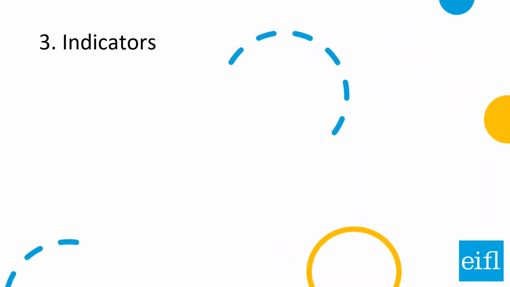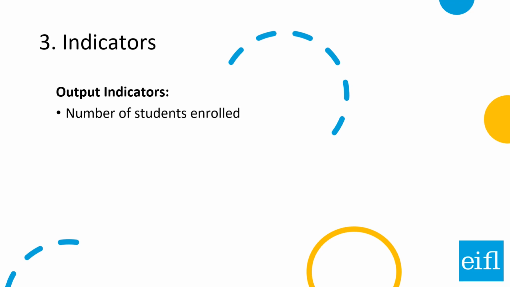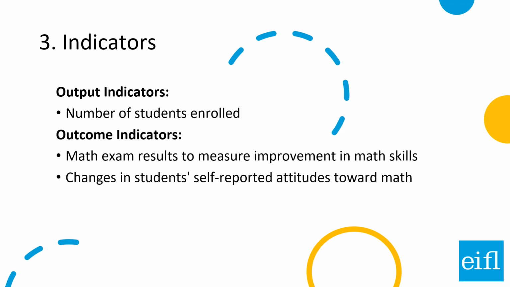Finally, what indicators did they choose to measure the achievement of project outcomes and outputs? For outputs, they decided to capture the total number of students enrolled in the library's math classes. For outcomes, they chose to measure improved math proficiency by looking at exam results of selected children.